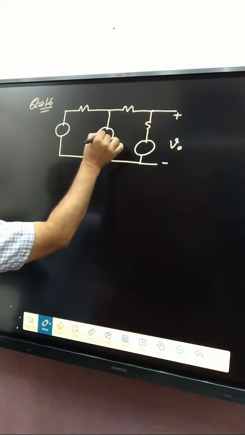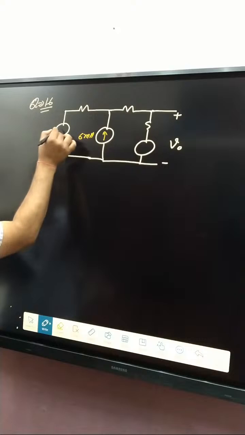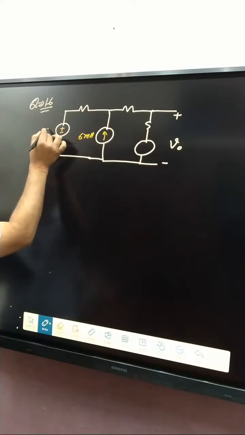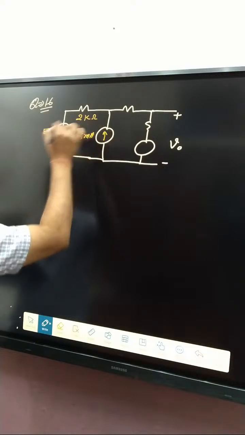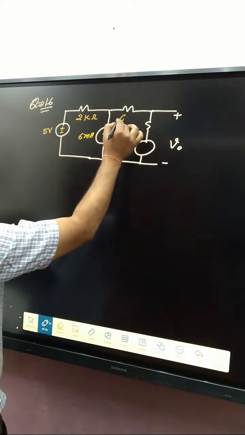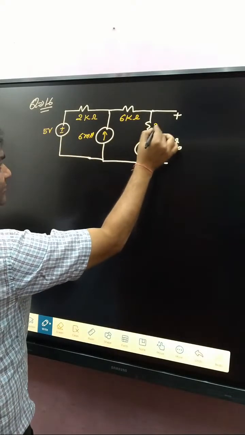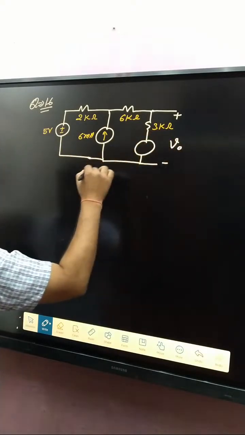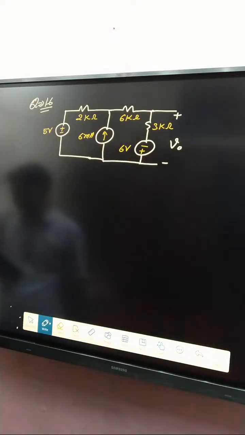And that one is how much? 6 milliampere. That is plus minus 5 volt. And that one is 2 kilo ohm. And that one is 6 kilo ohm. And that is 3 kilo ohm. And here minus, here plus, and that one is 6 volt.